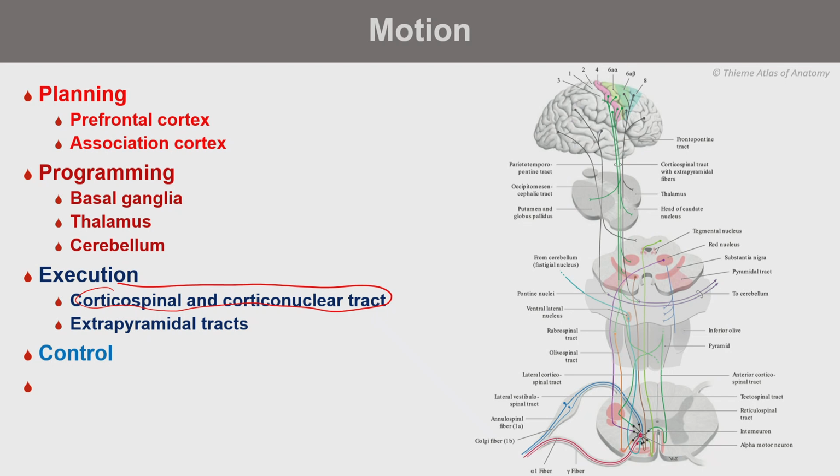But we also have extrapyramidal tracts. Those extrapyramidal tracts have no distinct and direct way to motor neurons, and those systems help to organize, I have to say, not involuntary motions, but automatic motions.